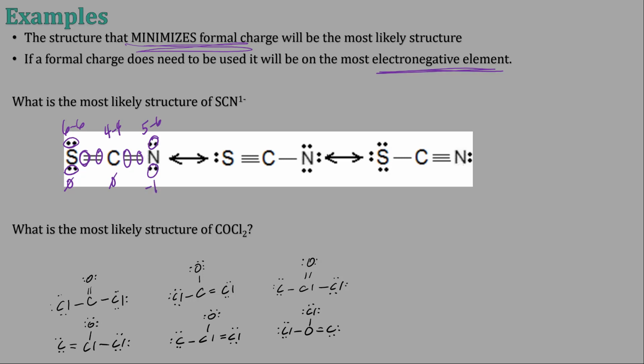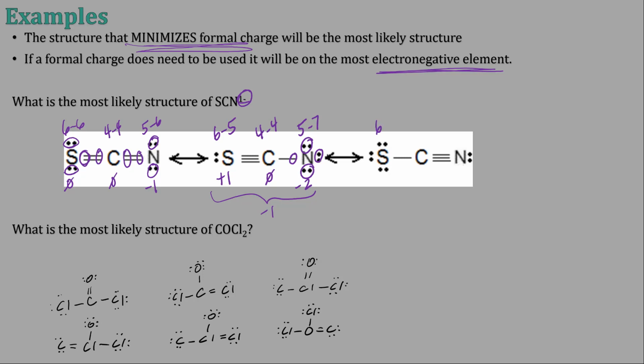All right, sulfur should have 6, and it's got 5, so that's +1. Carbon should have 4, and it's got 4, so that's 0. Nitrogen should have 5, but it's got 7, right? 2, 4, 6, and then 1 from the bond, so that's 7. So that's -2. It still adds up to -1 overall, and so that's how you know you're doing the formal charge right.